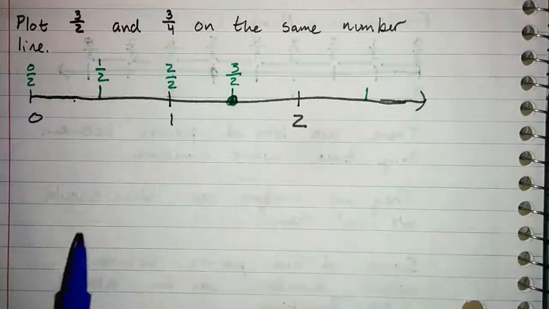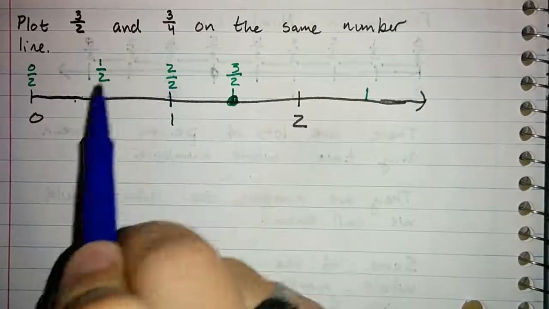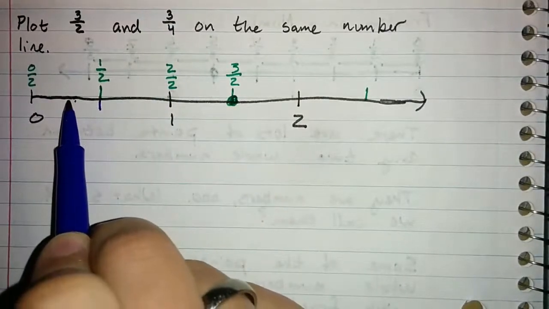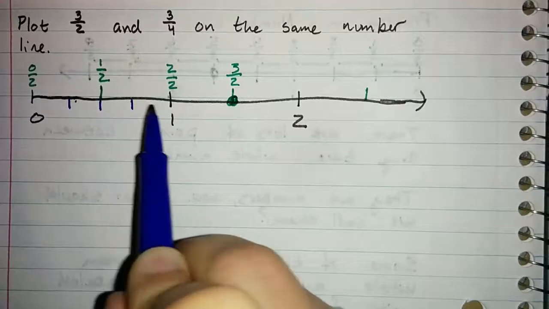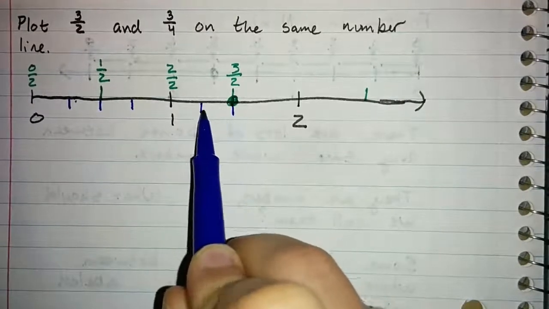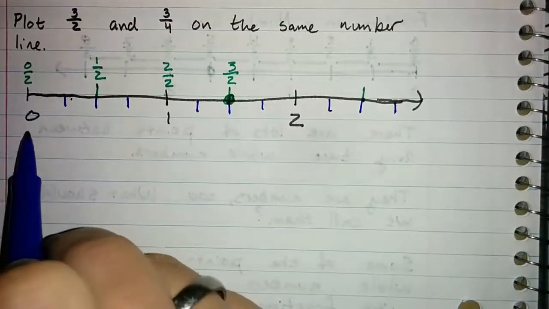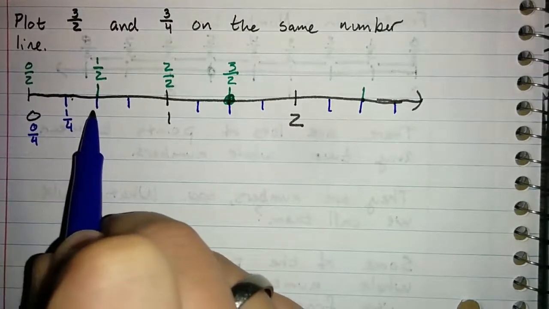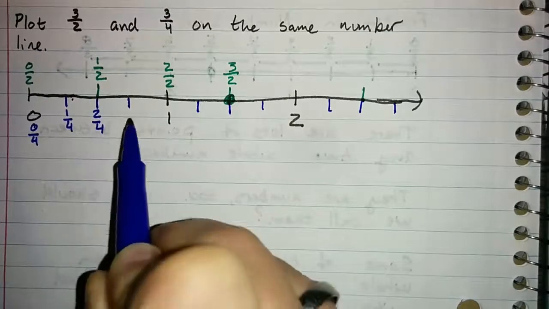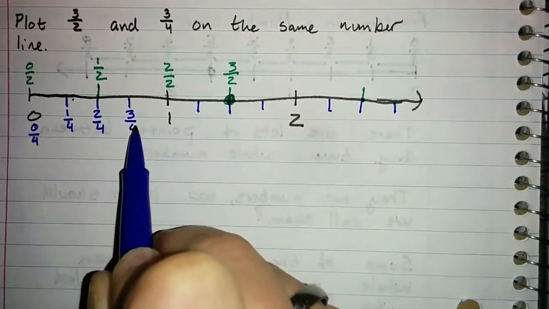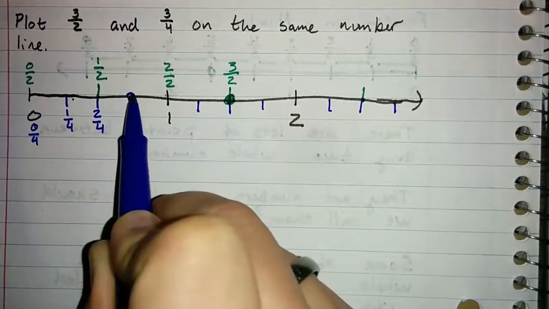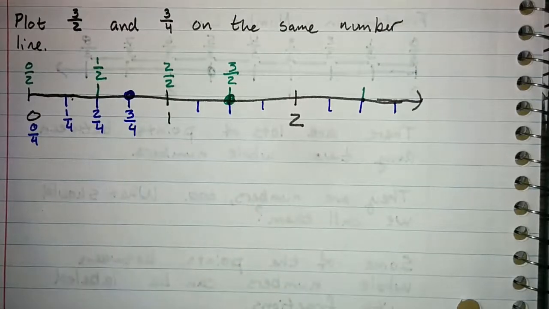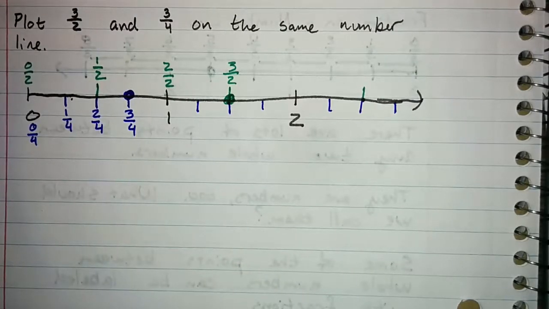To mark 3/4, well, fourths, we want to divide each unit into 4 equal parts. And then we'll have 0/4, 1/4, 2/4, 3/4. Here it is. Here is 3/4 on our number line.